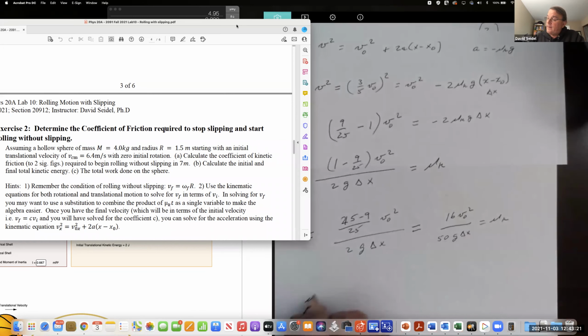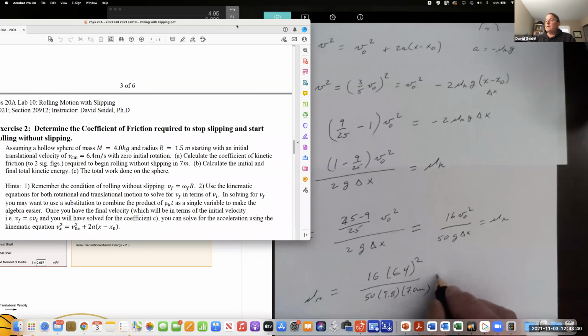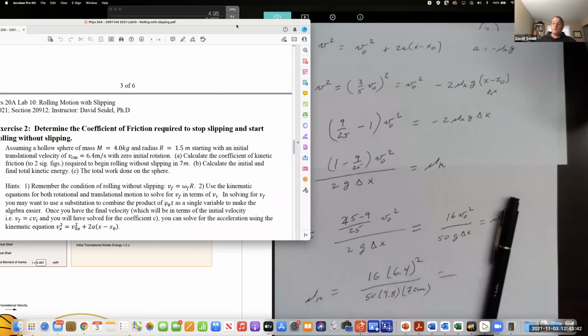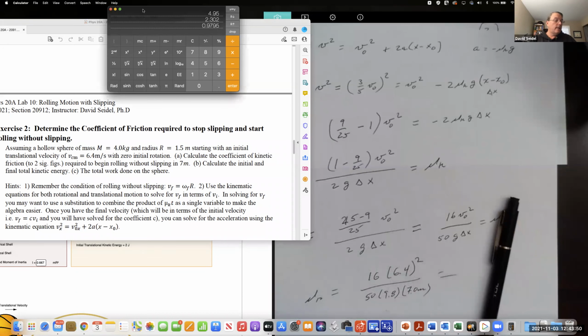The mu k is equal to 16, V0 was 6.4 squared, over 50, 9.8, and 7.0 meters. Now, you have to remember how to do this and write it up.